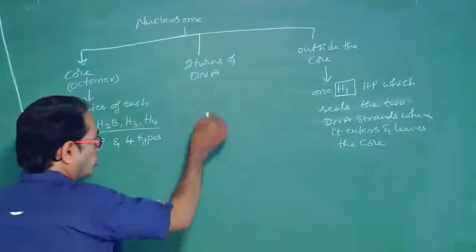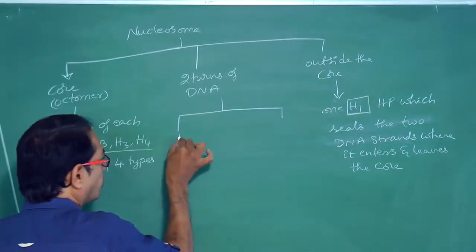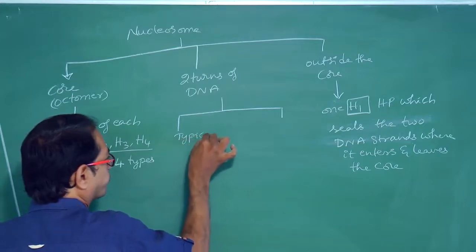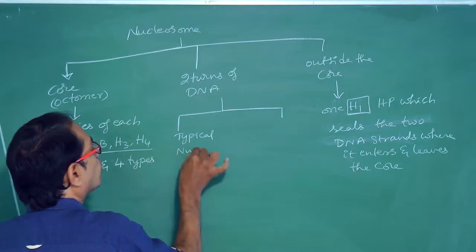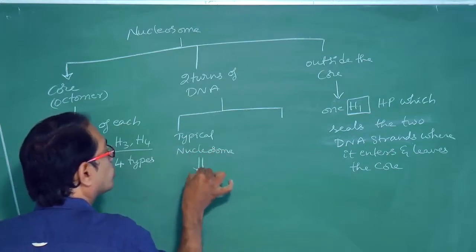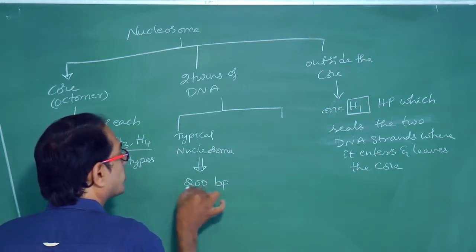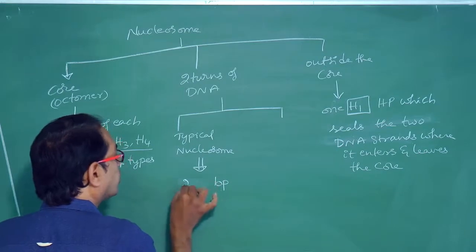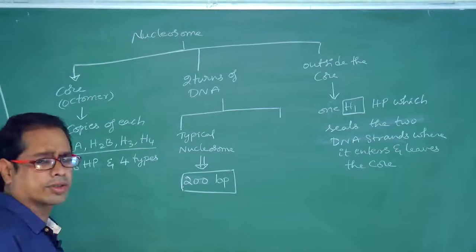Okay, these two turns of DNA contain a typical nucleosome. A typical nucleosome contains 200 base pairs. How many? 200 base pairs.